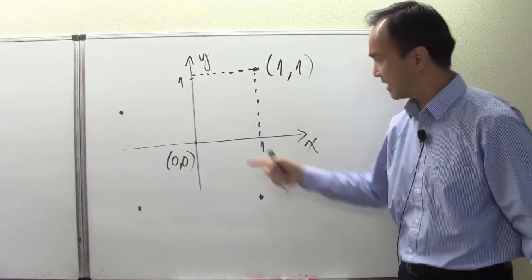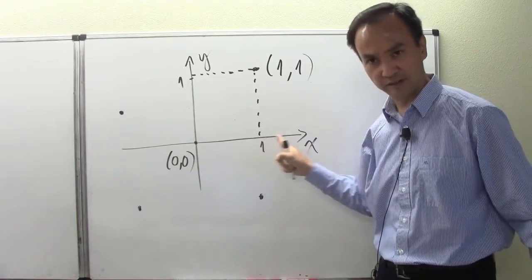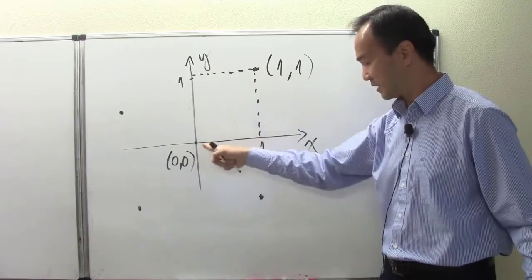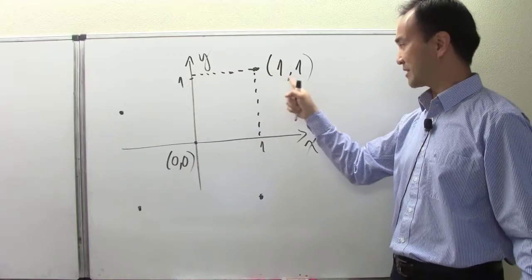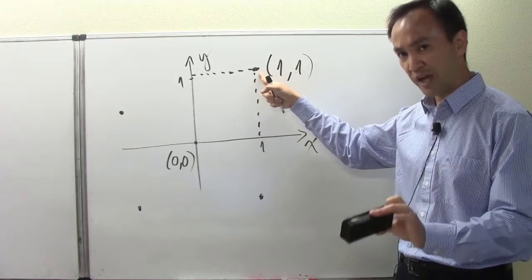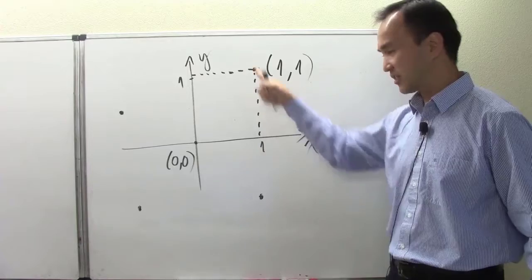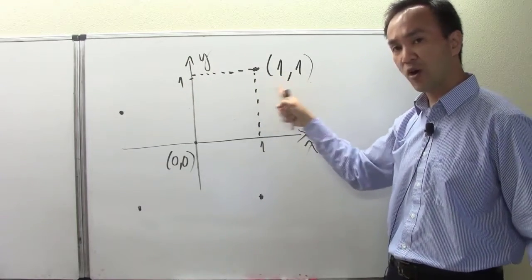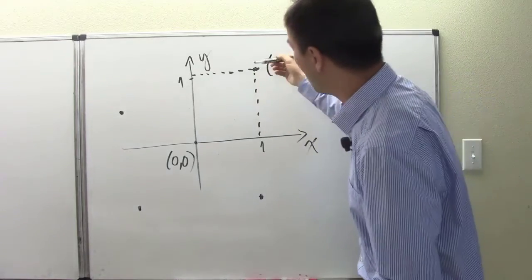Once we have a coordinate system, we can easily reference our point positions back to the origin and relative to the axes. For example, in this point, I'm saying 1, 1, which means where this point is positioned, it's at 1 on the x-axis and 1 on the y-axis. Together, the two values, x and y, make up that point. Okay, so that's the point.